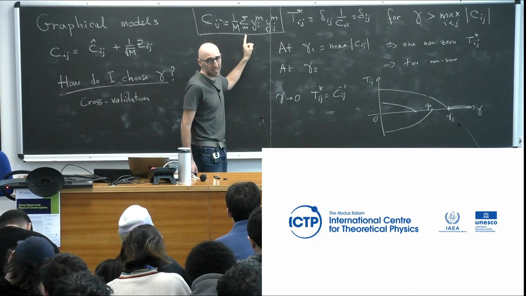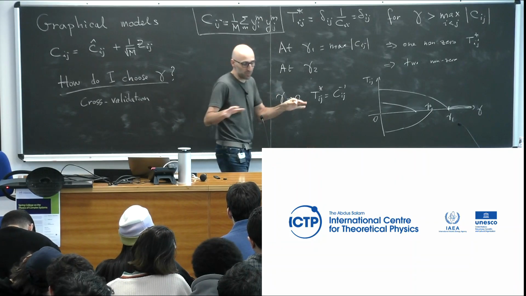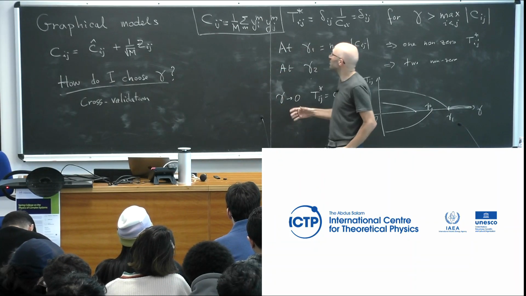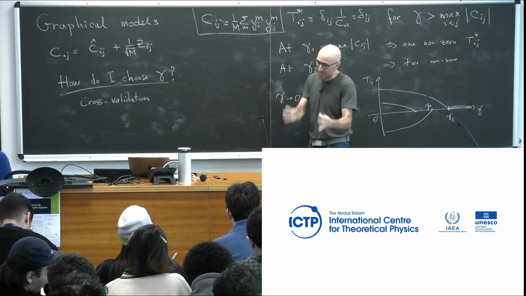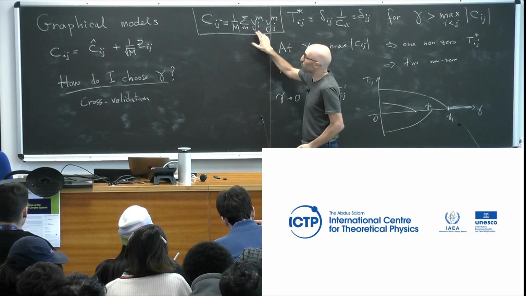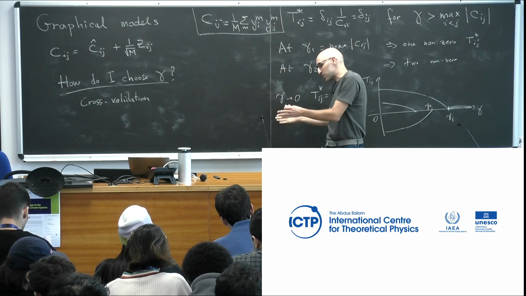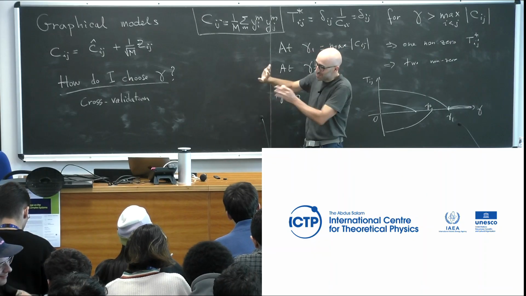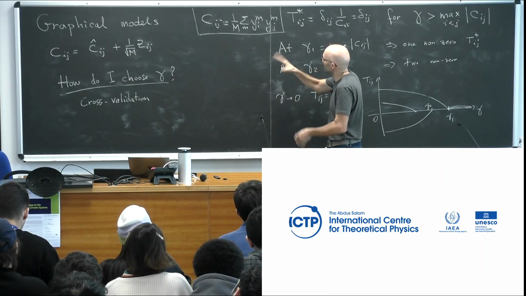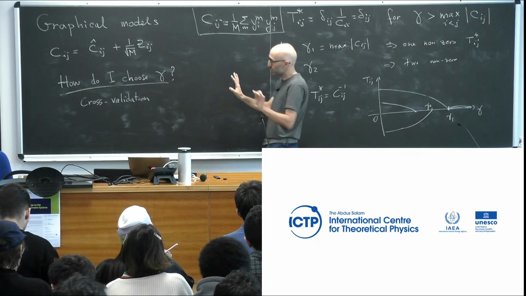So you take your data, you split your data in 2 or 3, depends on what you want to do. You can split the data in a train set from which you can compute C, and then you have a validation set, and then you can have a test set if you want to test the result, but let's say you just want to do validation, so you split in 2.